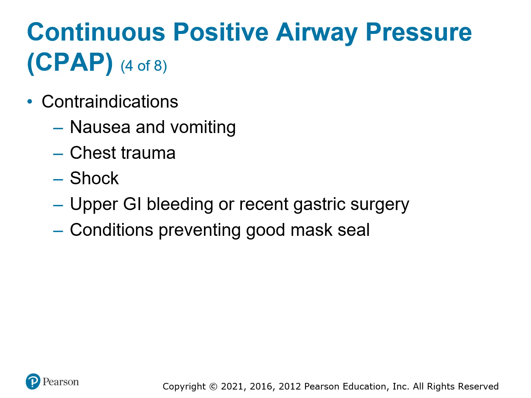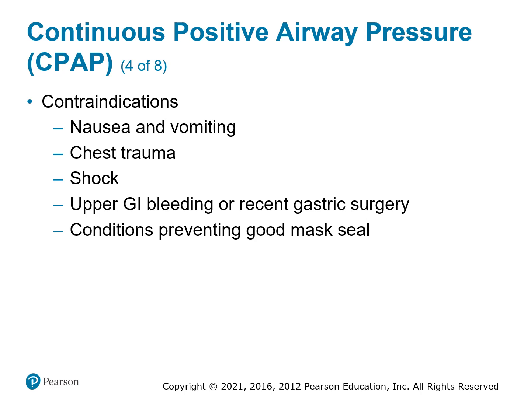We mentioned shock already, but an interesting one is also an upper GI bleed or some kind of recent gastric surgery. Because a CPAP is a positive pressure device, the CPAP machine does not differentiate between an esophagus and a trachea. So if that patient stops maintaining their airway, even for a moment, we can force air into their stomach.